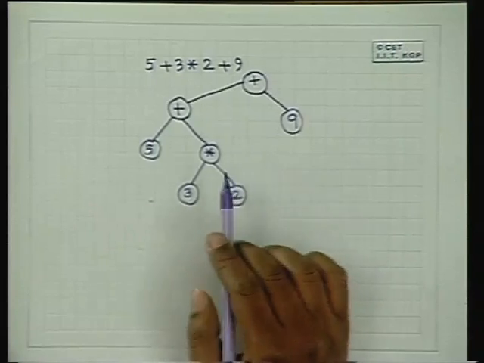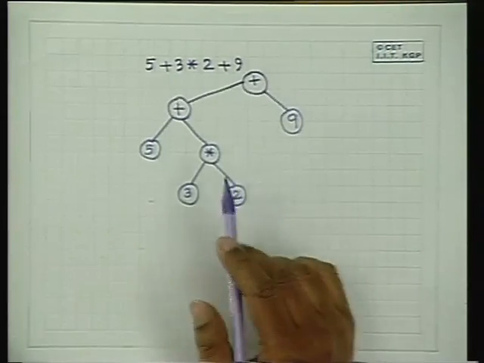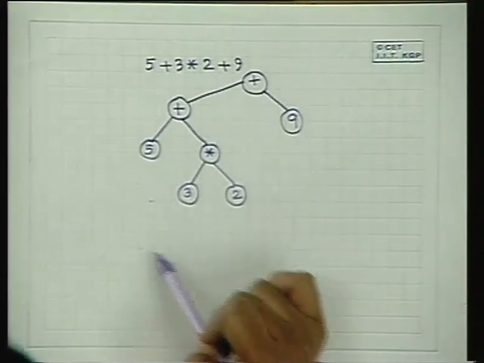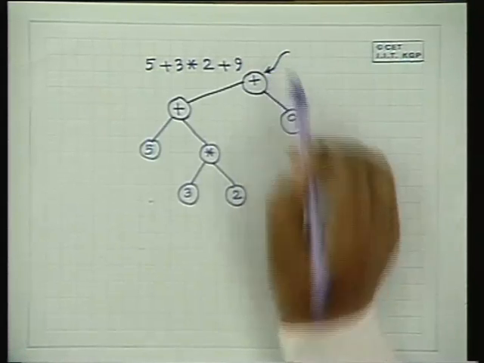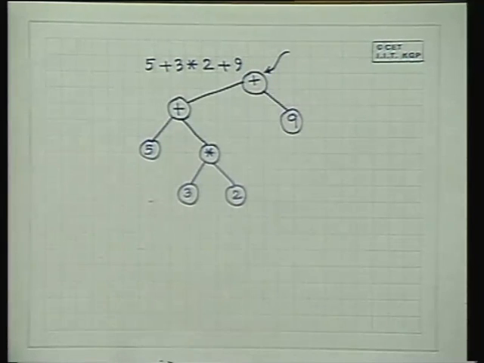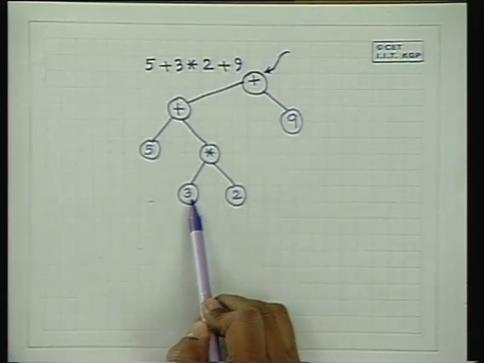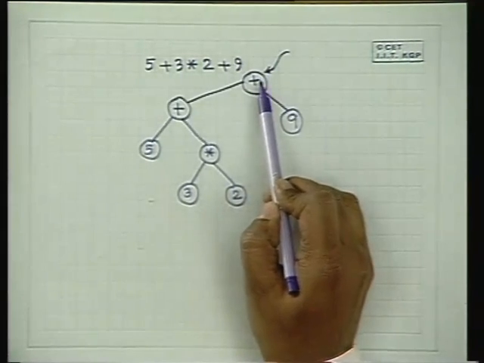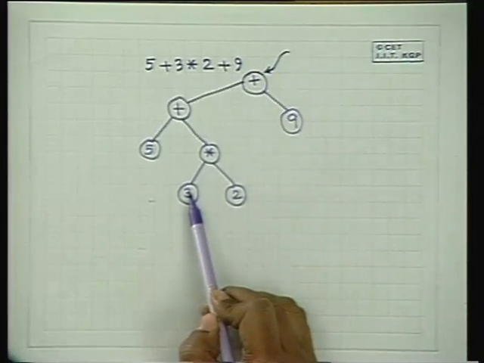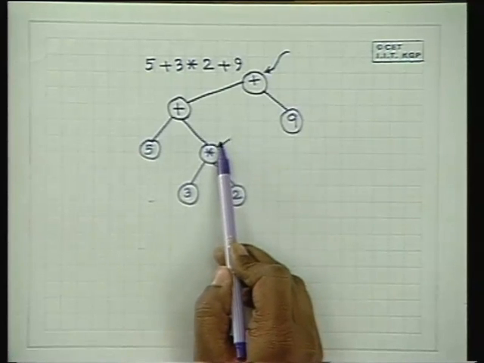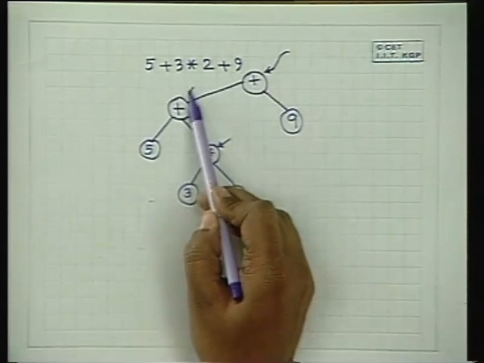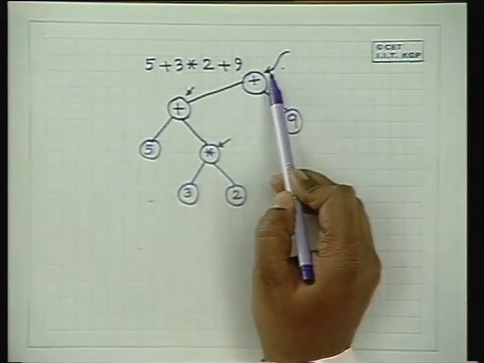This is a different data structure. I am just trying to point out that such expressions are usually stored in the form of trees like this. So this says that to get the value of this expression, you have to first get a value here, then get a value here, and then get the value here.